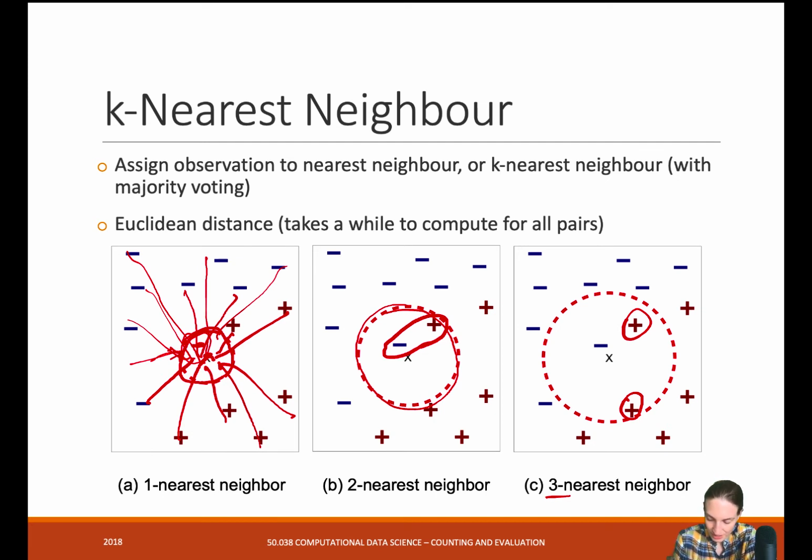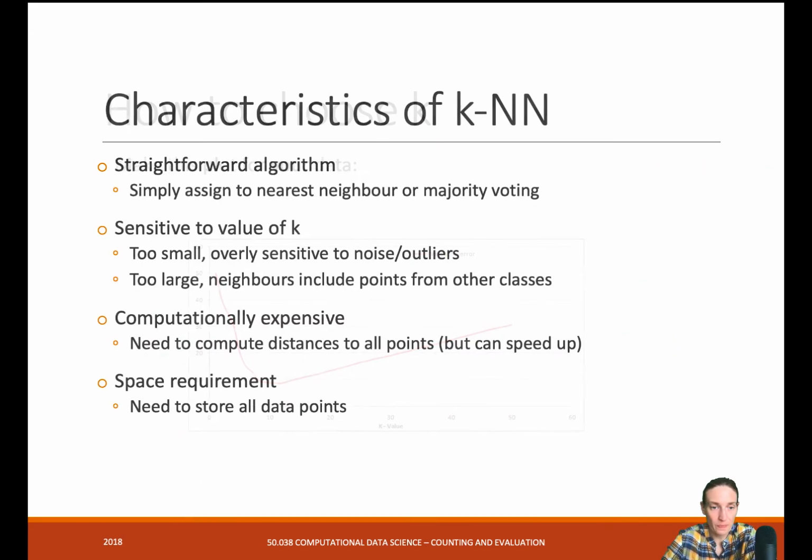If you have a larger k, you're less sensitive to outliers in that case. If it's too large, your neighbors might include points from other classes and you're not able to make a firm class boundary. So yeah, try to optimize the value of k.